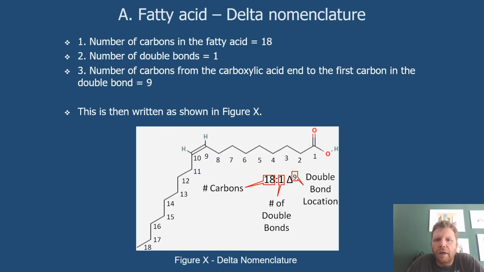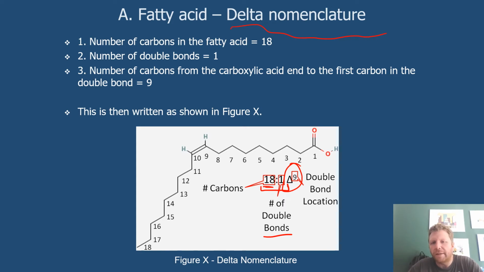Now, the numbering scheme that is used, I just mentioned that we've got this 18 colon system, but this is what's known as the delta configuration or the delta nomenclature. What we have is the number of carbons followed by the number of double bonds, and then we've got a delta. Now that delta is going to tell you where that double bond actually is.